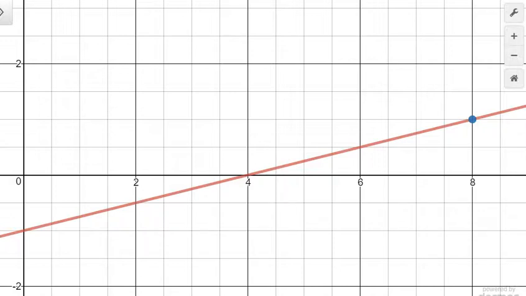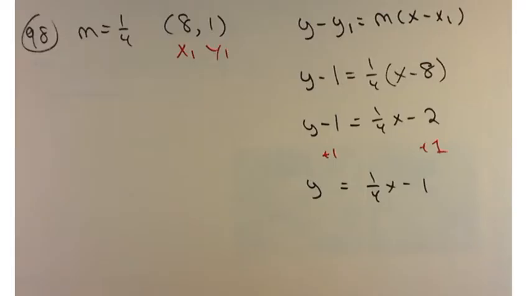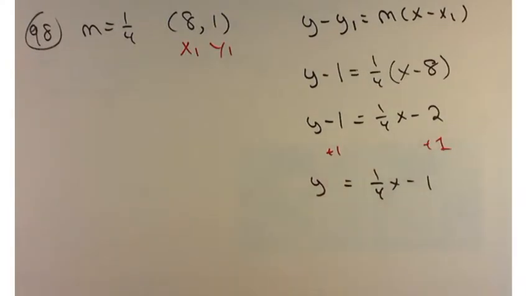How are we looking on number 98? Yes? For the point-slope equation, could you, instead of doing that, just solve for b? Solve for b? Yeah, there's nothing wrong with that. I'm just not in the habit of teaching that way.